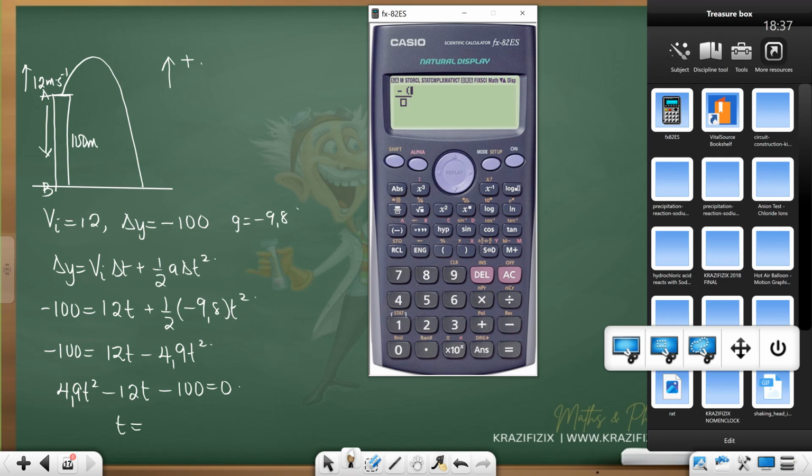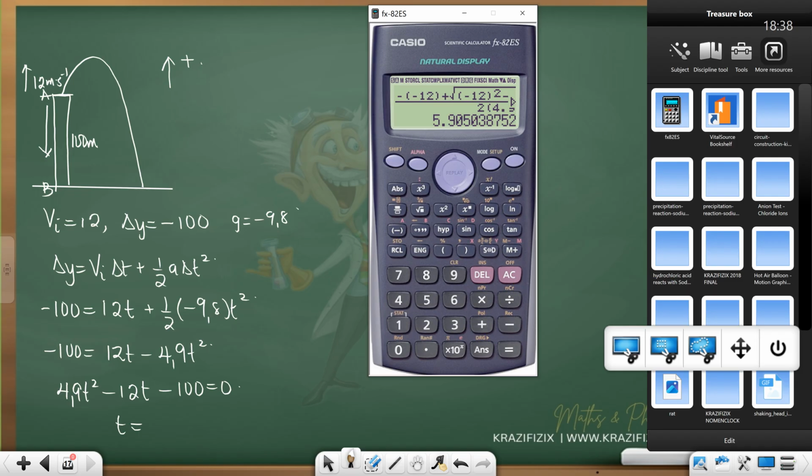Minus b, which is minus negative 12, plus or minus the square root of. Please put that in a bracket when you are putting it in the calculator. Minus 4, my a is 4.9, and my c is negative 100. Close the bracket, and then 2 times 4.9.